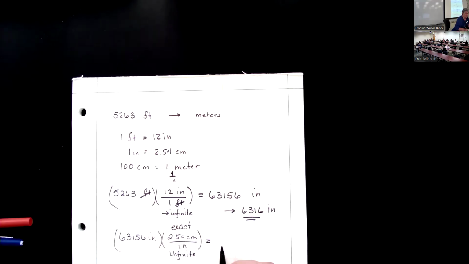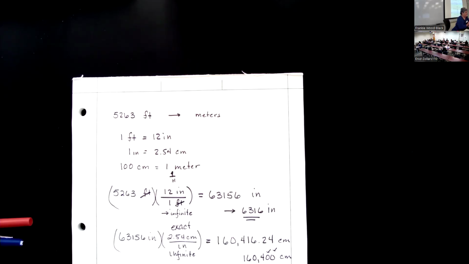And now I've got 160,416.24 is what my calculator shows me. And now we're in centimeters. If I stop here, I'm only going to report 160,400 centimeters because I can only report 4 significant figures. This would be a placeholder, that's a placeholder, and that gives me that number.